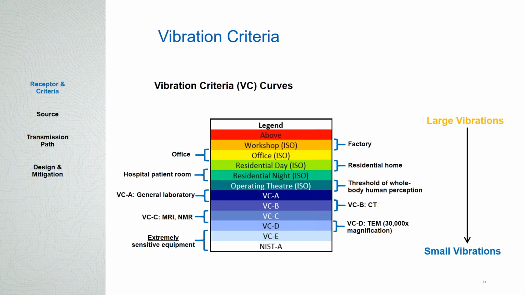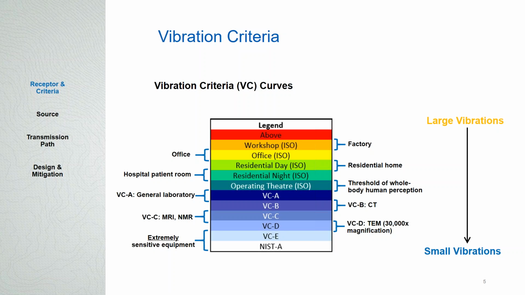Now, operating theater, the one in the middle there, is very important because it's the baseline against which many of the other classes are evaluated, and it's the threshold of whole body human perception of vibration. So at the ISO operating theater criterion, that's where the average person can just begin to perceive vibration. At levels higher than that, people can probably feel it. At levels lower than that, people probably cannot feel the vibration.